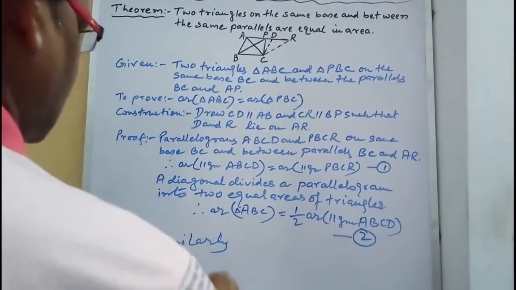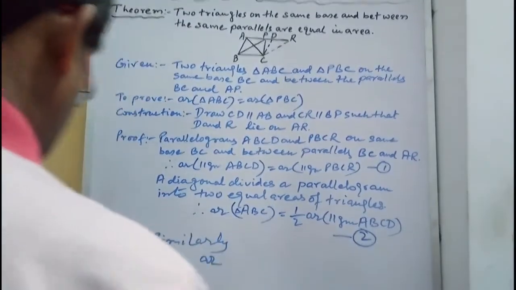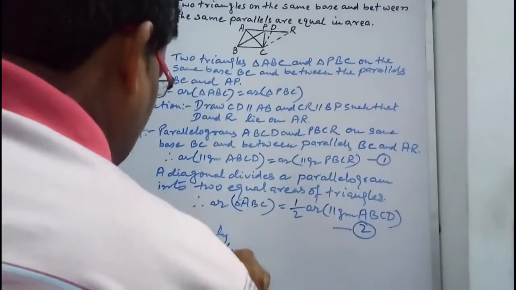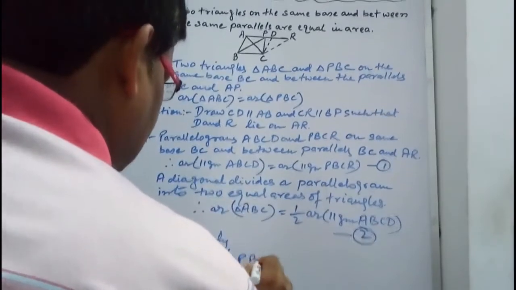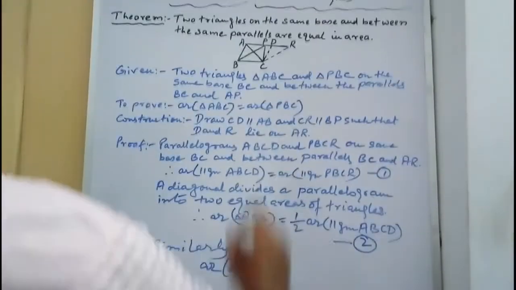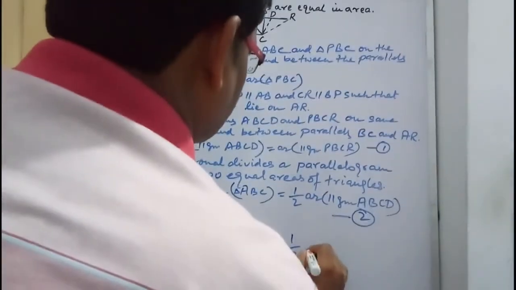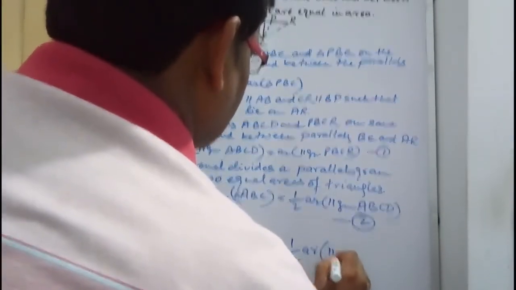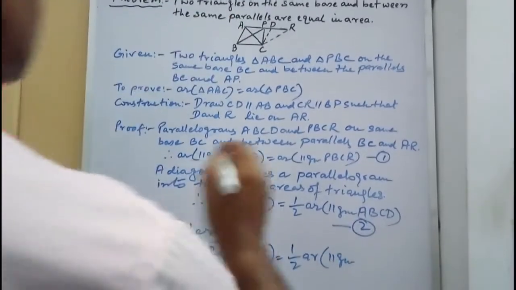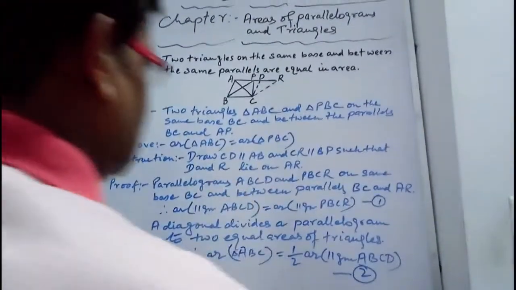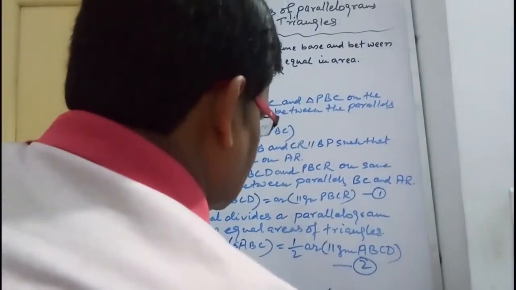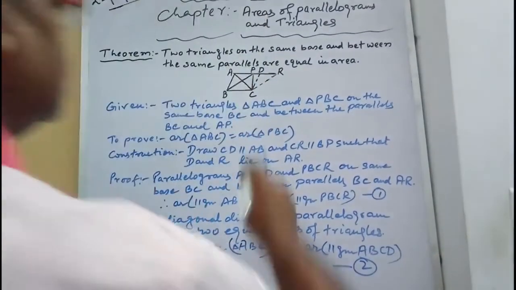Similarly, area of triangle PBC is 1/2 area of parallelogram PBCR.